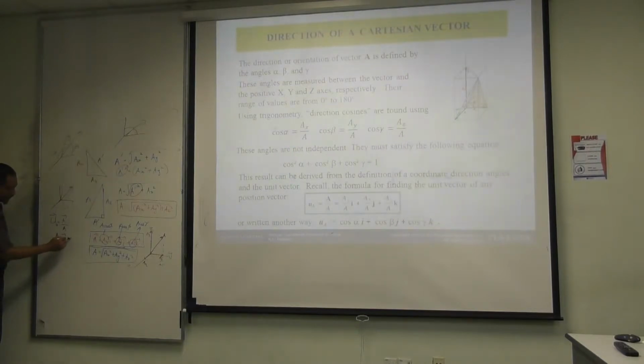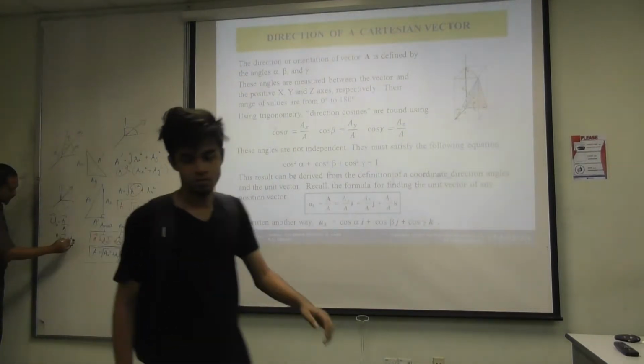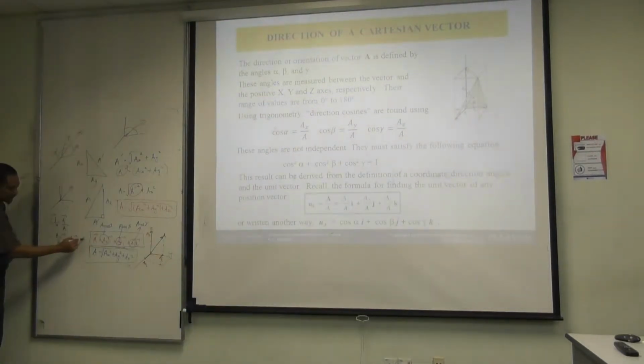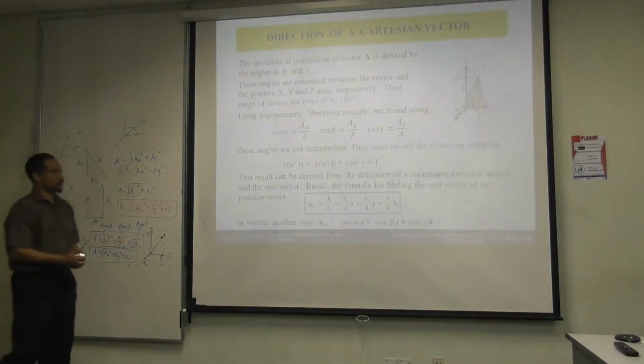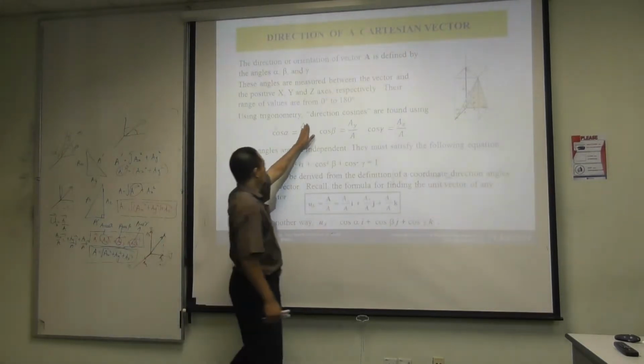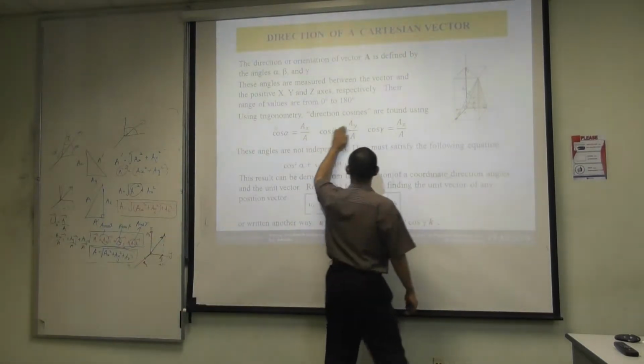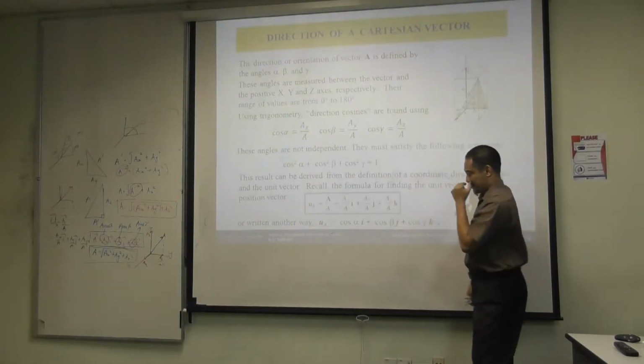And then ay over a j plus az over a k. Okay, and if you notice, to relate to this equation, this is basically the X component, Y component, and Z component, right?